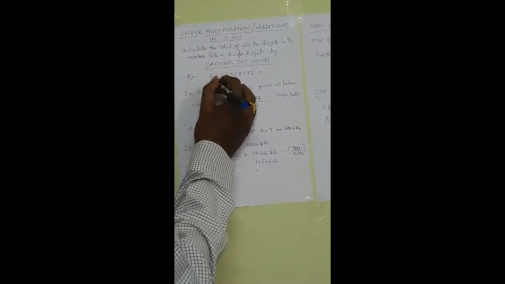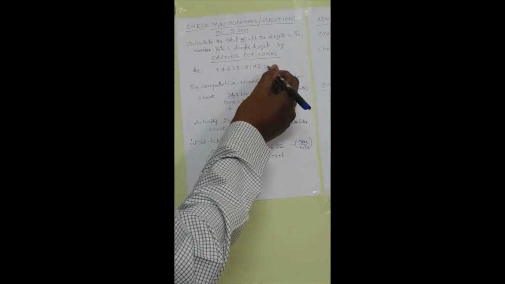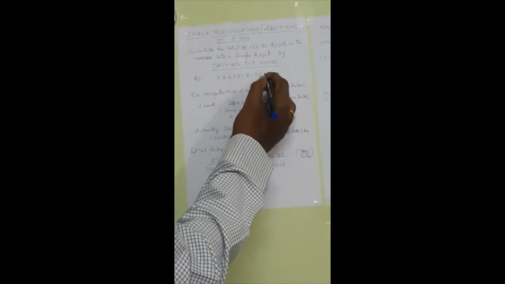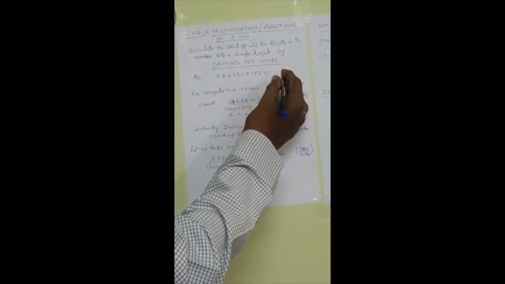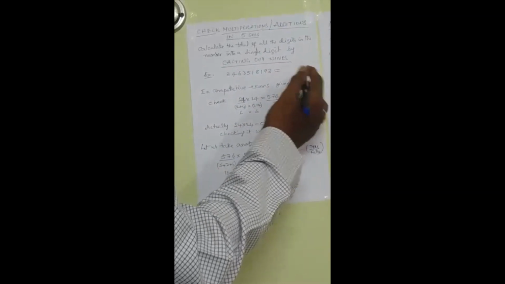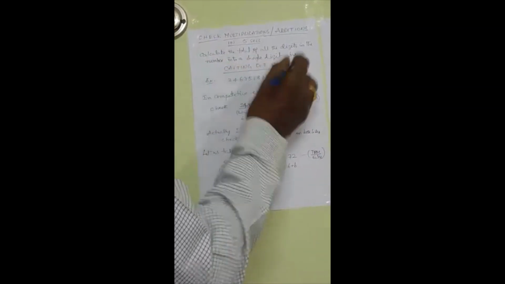For example, take 3, 4, 6, 3, 5, 1, 8, 1, 9, 3. Normally you add all the digits and get a 2-digit number, then add those 2 digits to get a single digit. But you need not do it by this method. What is that? Casting out nines.